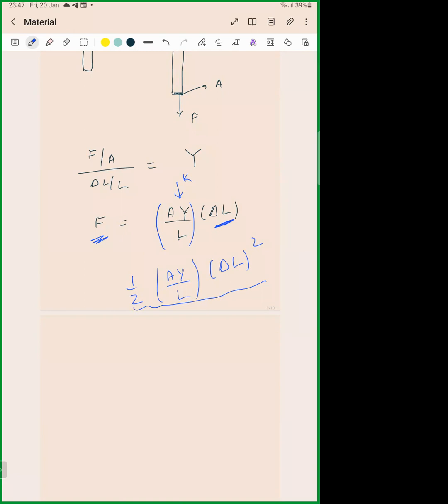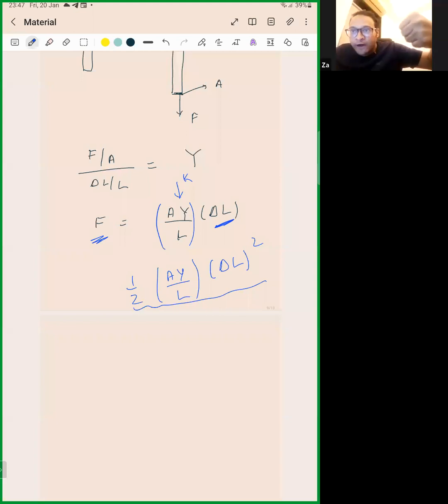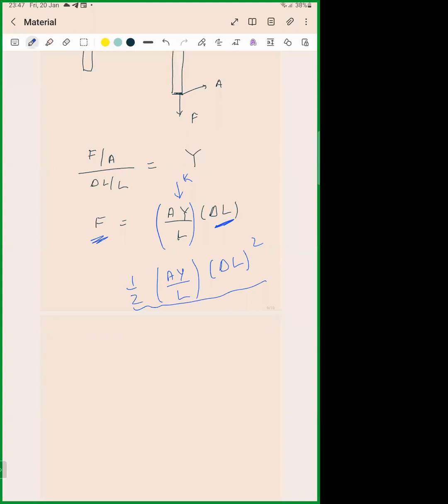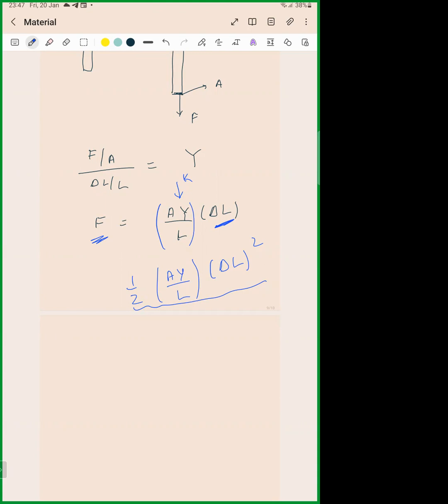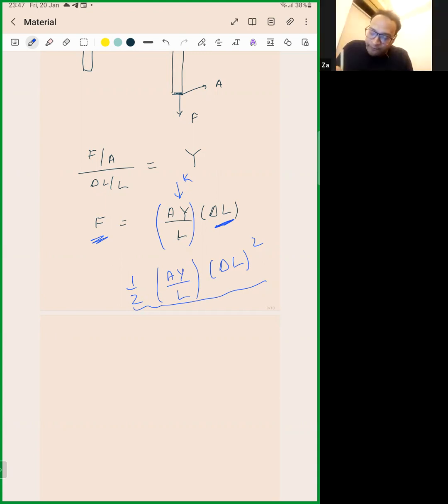Because the molecules were at a certain distance, when they moved, there is some energy that is getting stored. So this is the energy. Now I will give this energy a certain form which you can remember. Okay, wait and watch. Like half stress into strain into volume.